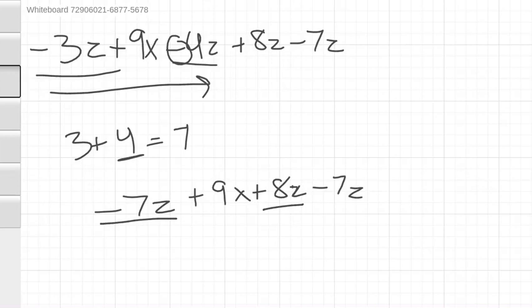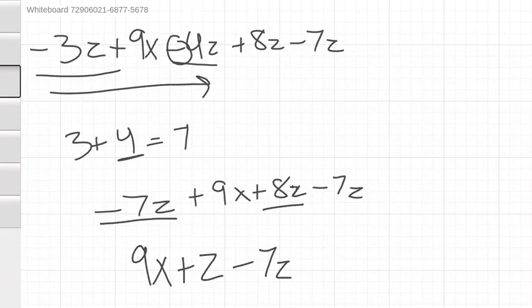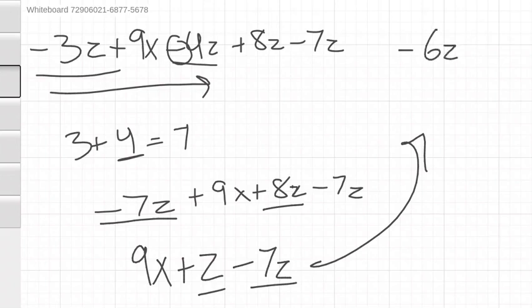So then we would get z plus 9x minus 7z, or 9x plus z minus 7z. Order doesn't matter at this point because they're both going to be combined. We're going to do it up there because there's not that much space left. So now we're going to combine z and negative 7z. That's negative 6z, and we'll add on the 9x, and that's our answer.